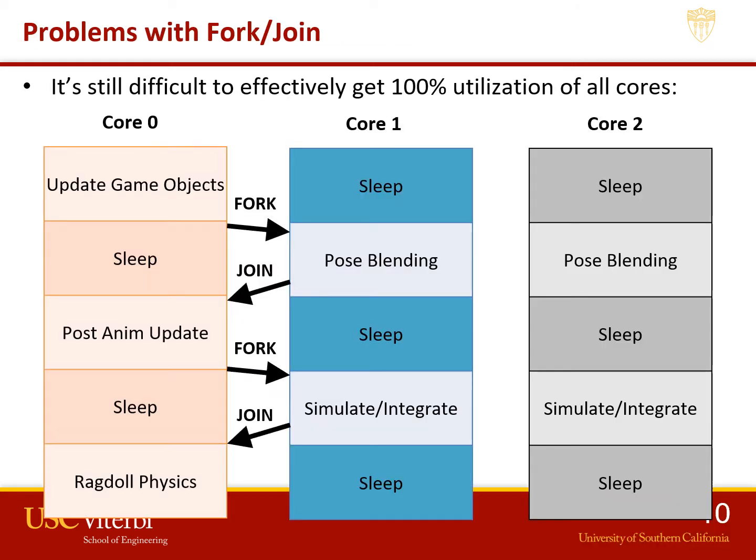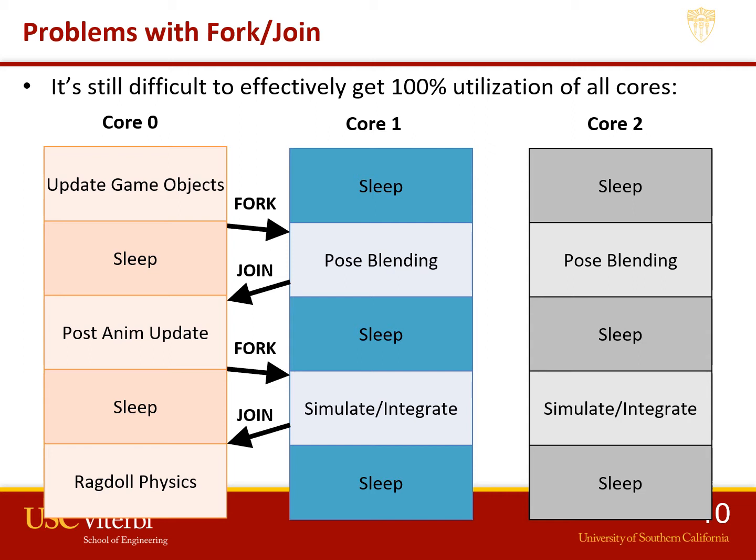So let's see what that might look like. We're going to do some kind of updates. We're going to decide what every character is playing in their animation, and then we'll fork off into some other cores to do the pose blending. And while the blending is going on, our main core will sleep, and then we'll come back over here, and then we'll do some more single threaded work, and the other cores sleep while that's going on.